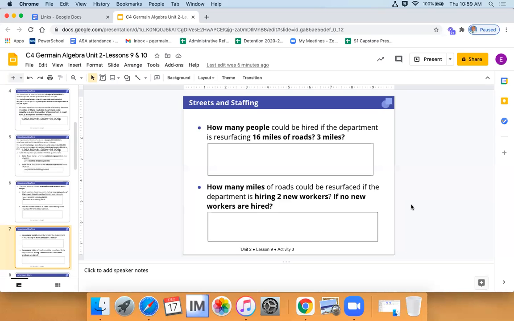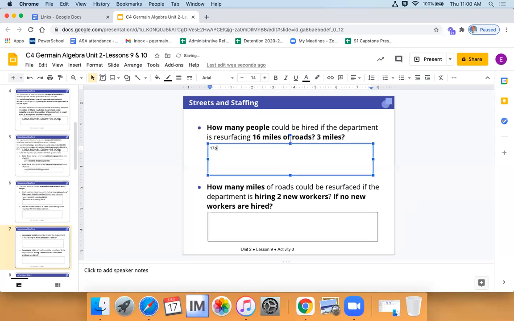So I need to round it down, because if that 18th person that I hire isn't going to have enough money to pay them, we're not going to be able to round this up. We're going to have to say it's equal to 17 people, because we have to round it down. P-E-O-P-L-E, people.